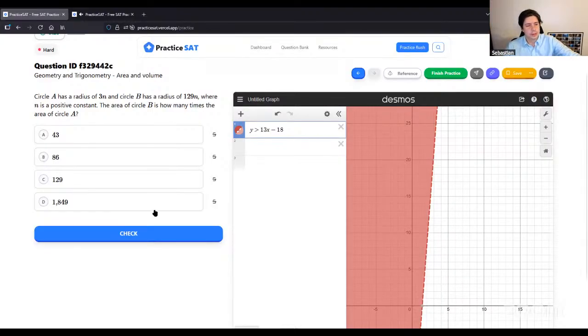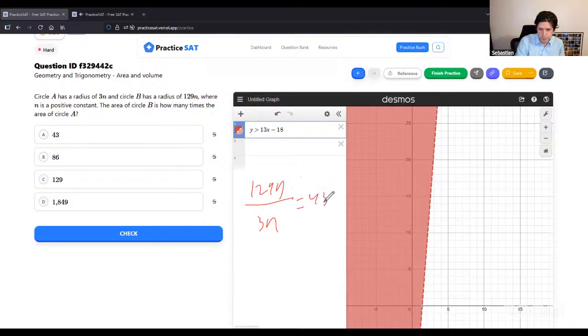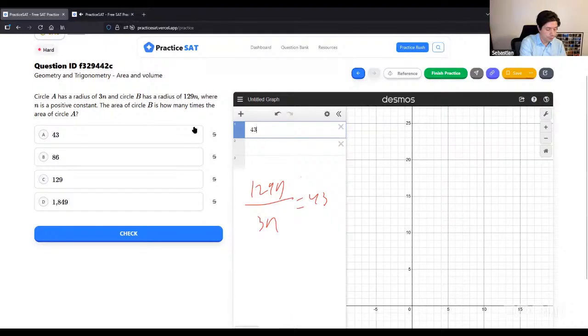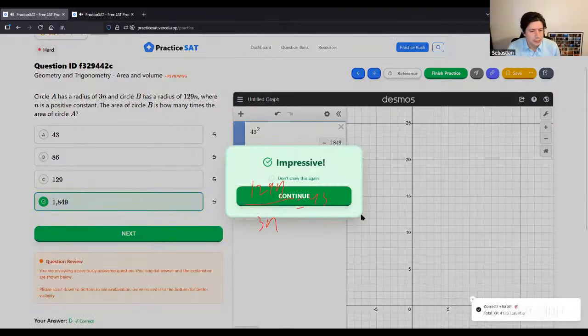So the ratio here is going to be 43 because 129n divided by 3n is going to equal 43. So then to find the ratio of the areas, because area is just side lengths squared, we do 43 squared. So we get 1849. It'll be D.